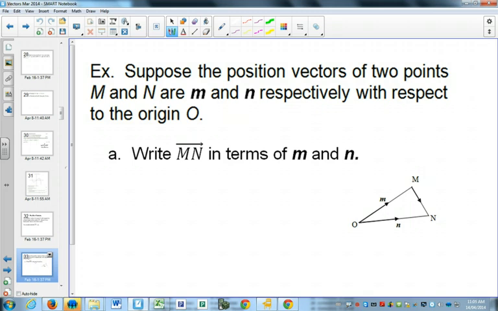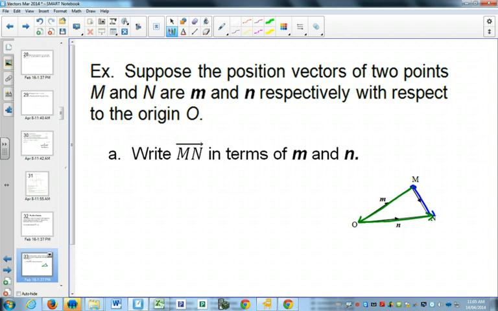Now, if you had a line going from M to N, you could write it in terms of these other two vectors, m and n. So in other words, if I wanted to start from M and get to N, one way I could do that is go back to the origin, and then once I got back to the origin, I could go out to N. That's not the most efficient way when walking, right?